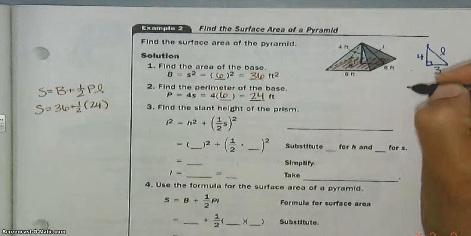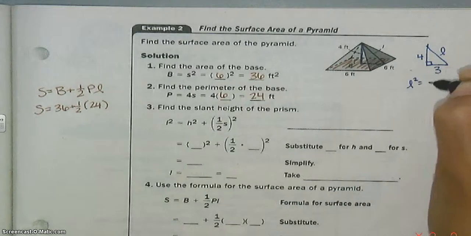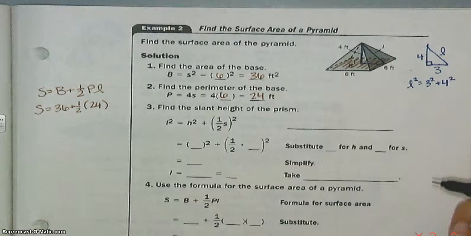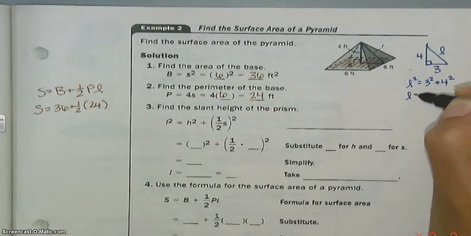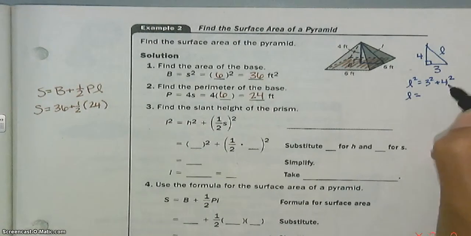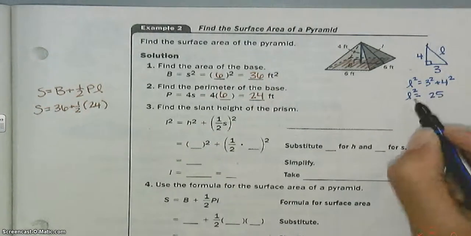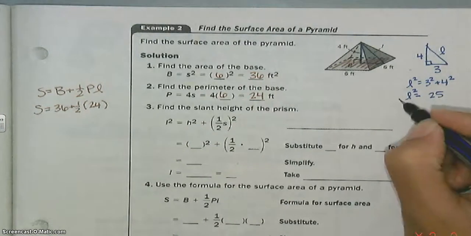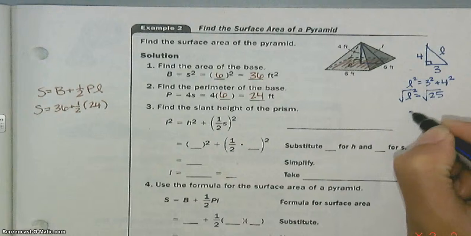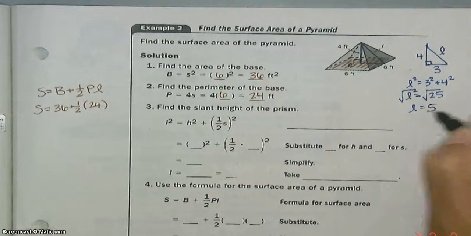Now we can do the Pythagorean theorem. A squared plus b squared equals c squared. So let's see, this is 9 plus 16, which is 25. So L squared equals 25. Take the square root. L is equal to 5.